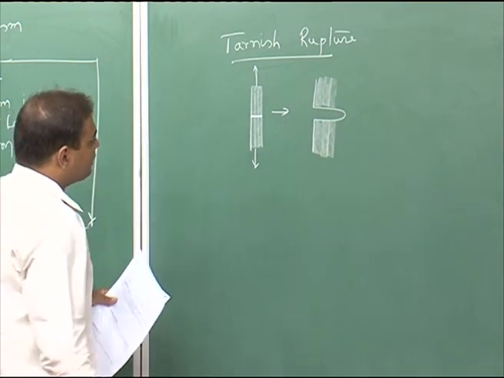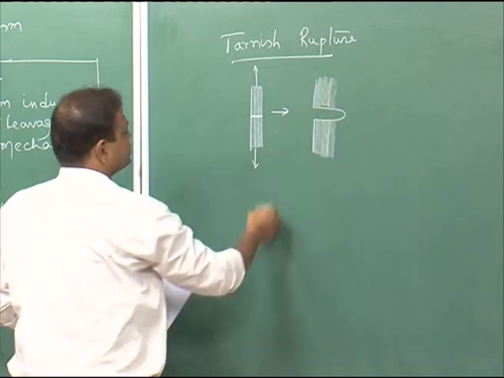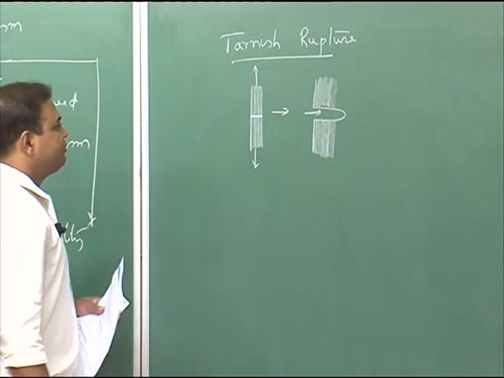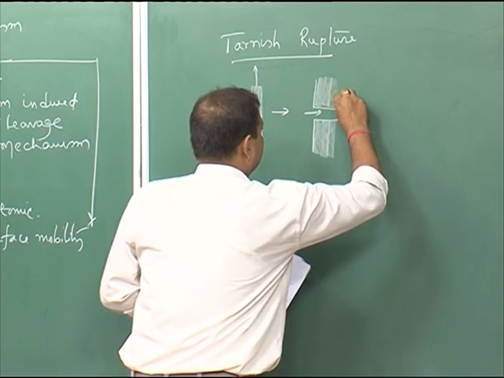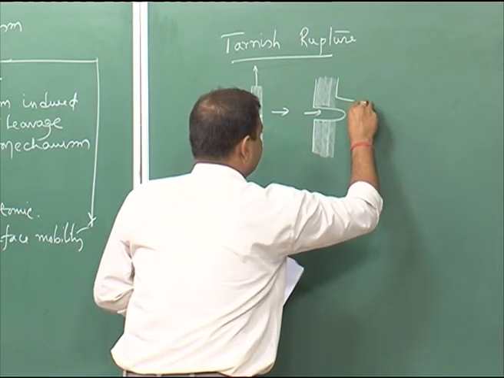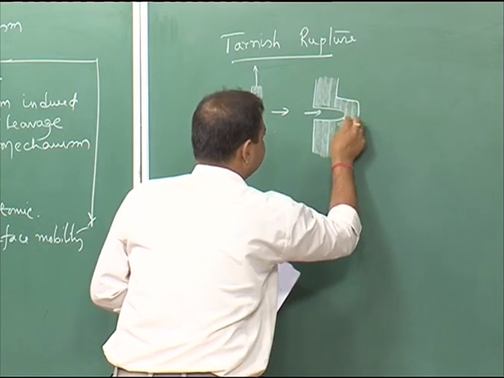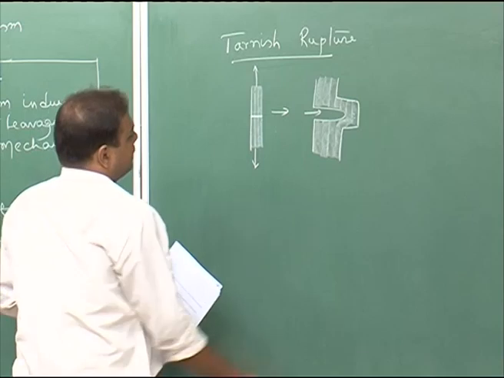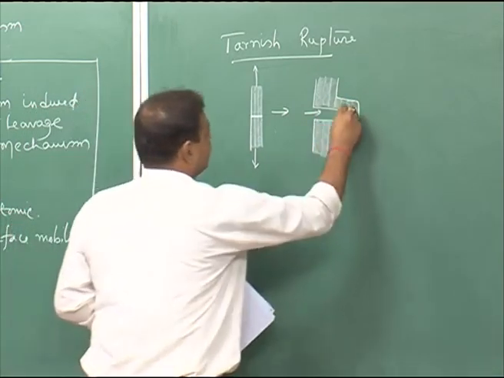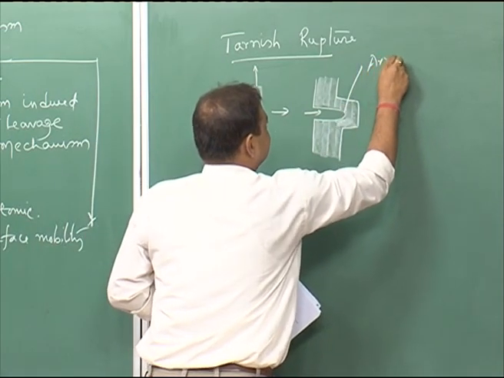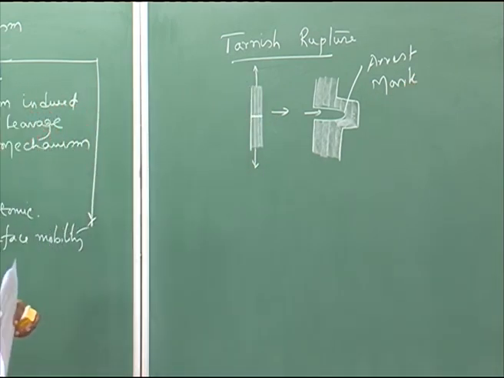Once this fresh metal surface is exposed to the solution, and here we have solution, because of the corrosion reaction you can have passive film formation again. This is the reformation of passive film, and the crack stops. So, here you have an arrest marking. The crack is getting arrested.